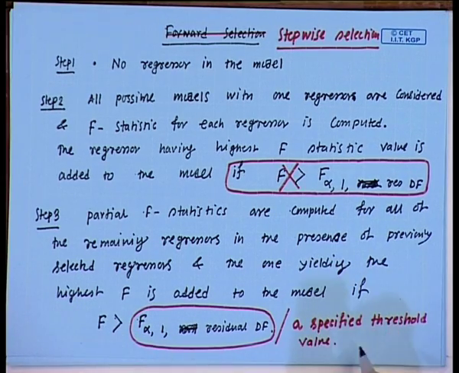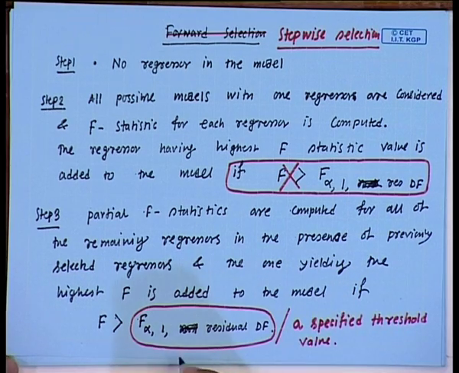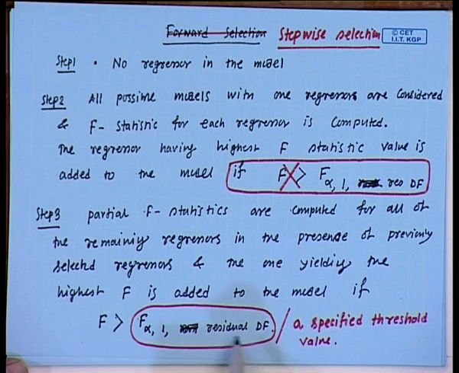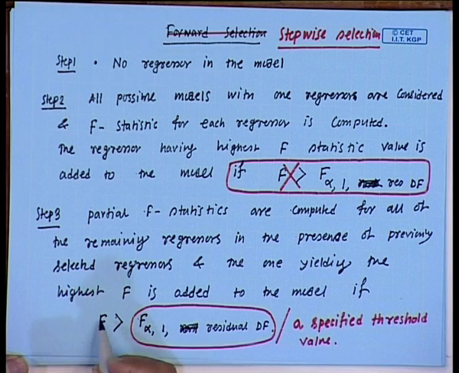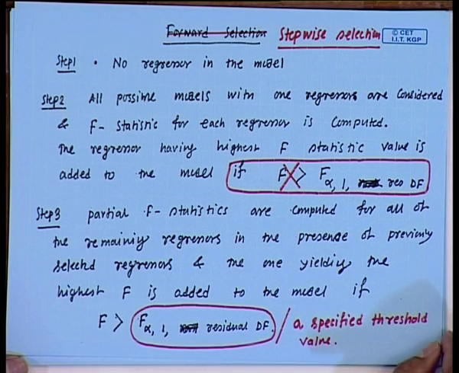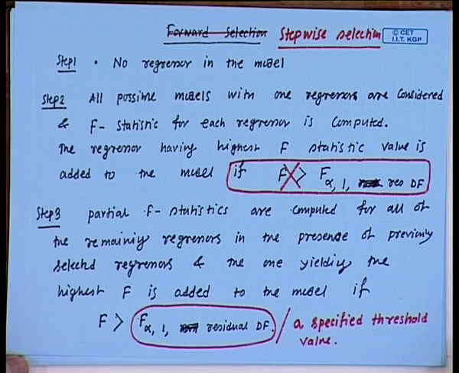This value might be, for example, 5. Instead of finding the tabulated value every time, we specify some threshold value here. If the observed F is greater than the specified threshold value, then we add the corresponding regressor variable to the model. So, the first steps are the same.